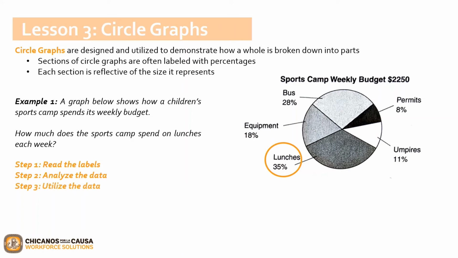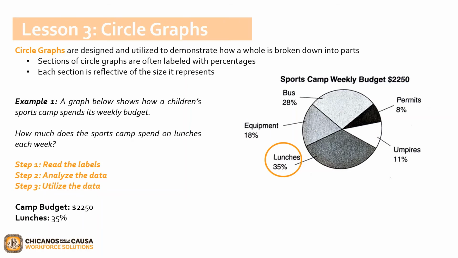Step 3, utilize data. So let's go ahead and solve for this particular problem. We know that the overall camp budget is $2,250. This budget has to cover everything that is listed in the circle graph, including the permits, umpires, lunches, equipment, and bus.